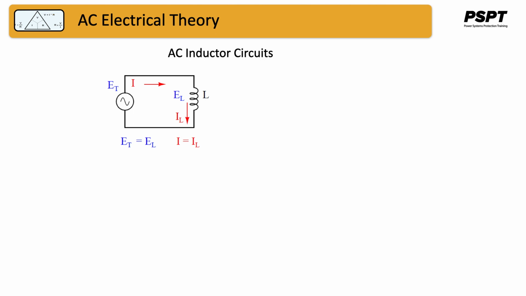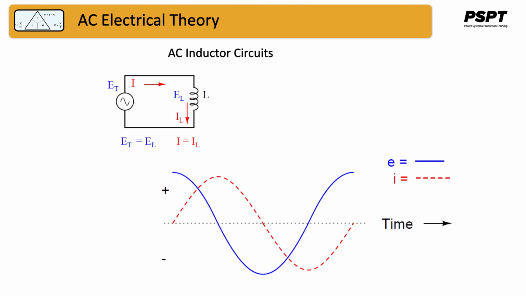If we plot the current and voltage for this simple circuit, it would look something like this. The circuit has an AC source of voltage e(t) acting on an inductor with an inductance of L. Remember, the voltage drop across the inductor is a reaction against the change in current through it.